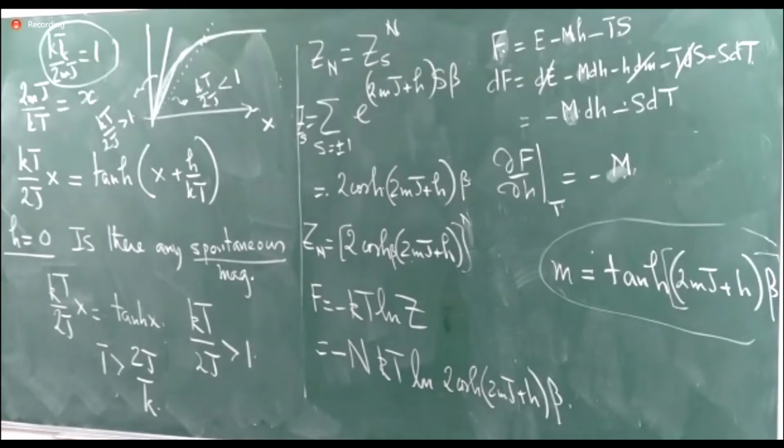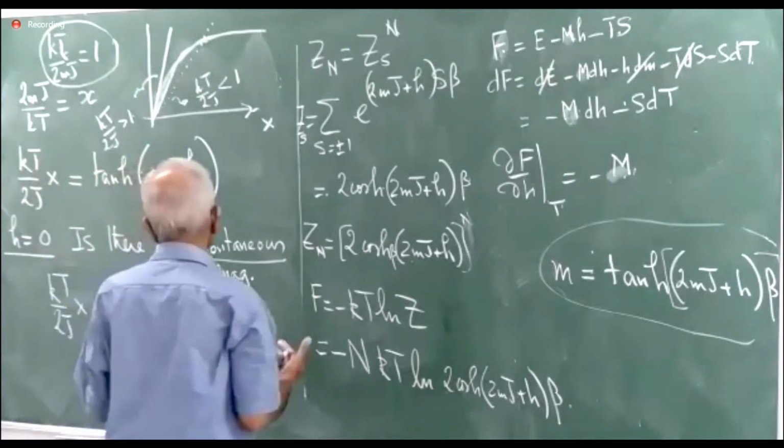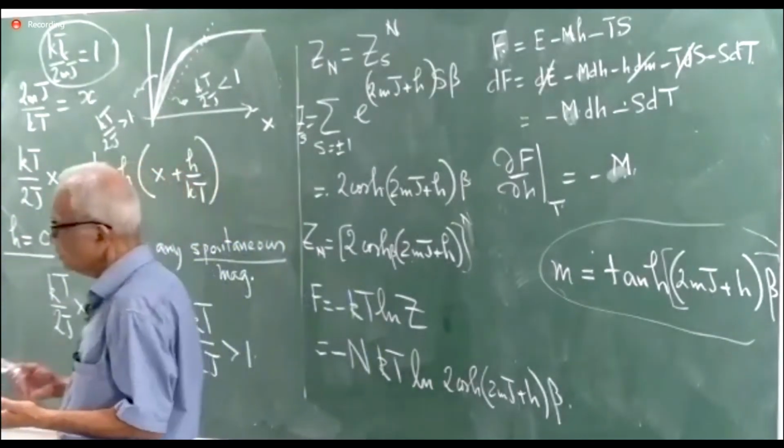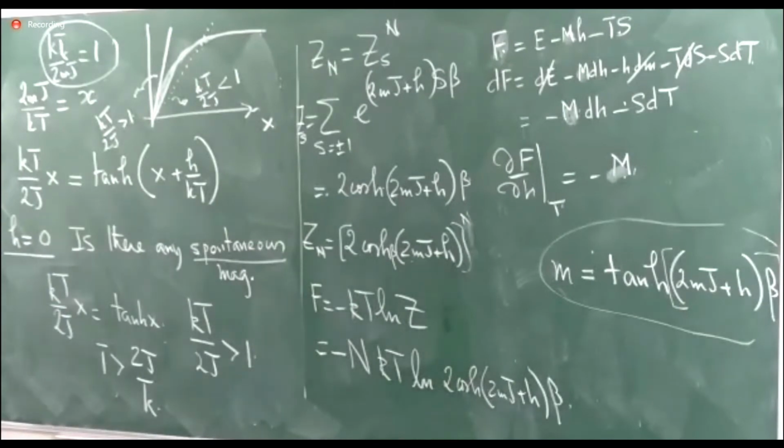This is exactly the same thing as what you saw in the van der Waals equation. The van der Waals equation showed you that there is a delta rho. The magnetization analog for van der Waals is delta rho, which is rho liquid minus rho gas. That is the quantity which is 0 when you are above Tc in van der Waals, and below Tc it becomes non-zero.